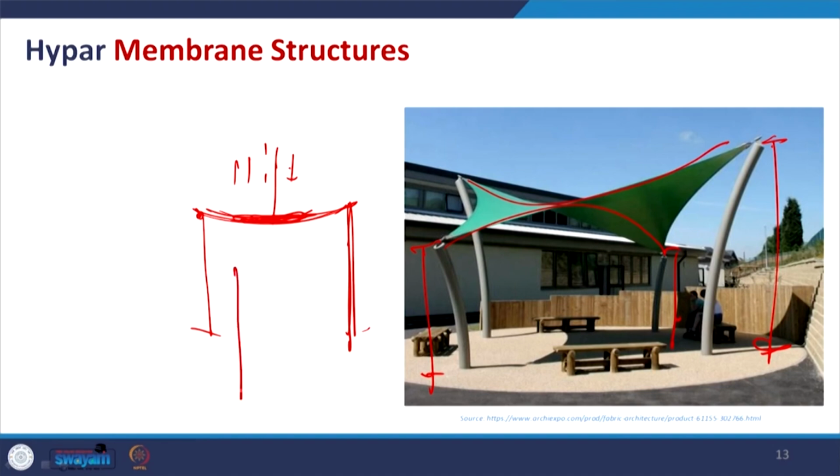Instead of that, if you have a higher height and a lower height, you create the slope, you can drain off, and here you create the curvature in both the directions. So, the load applied on this due to snow and all can be easily distributed, they can easily drain off and that can be easily distributed.